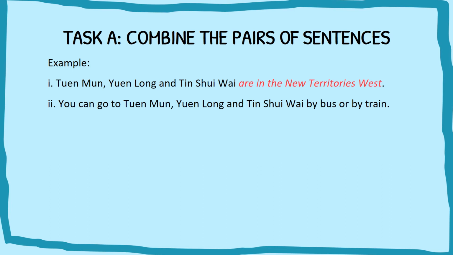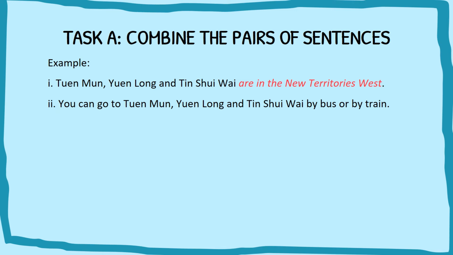Task A. Combine the pairs of sentences. In Task A, you have 5 or maybe 6 questions. And in each question, you have one pair of sentences.